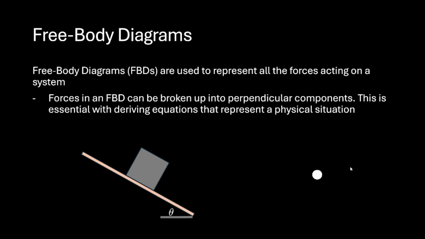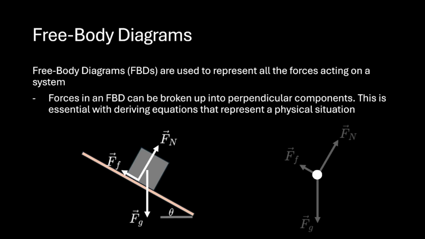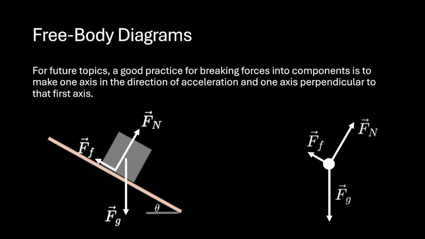On the AP exam, it'll mention don't draw components, but just in case, here's a little tip. What if we slant this box at an angle here? Well, we still can put them into components. But for future topics, a good practice for breaking forces into components is to make one axis of a component in the direction of acceleration and one axis perpendicular to the first axis.